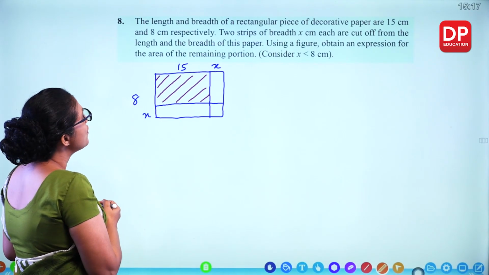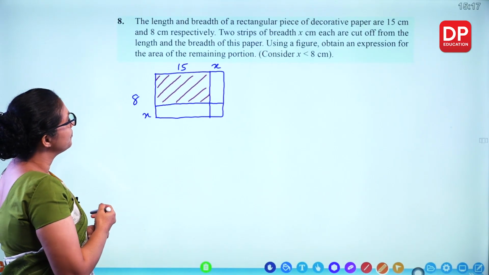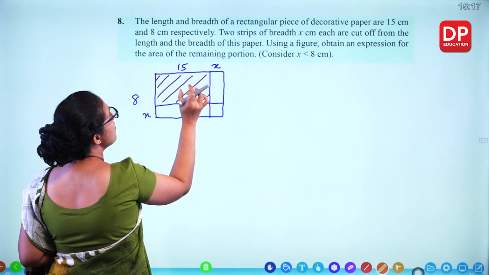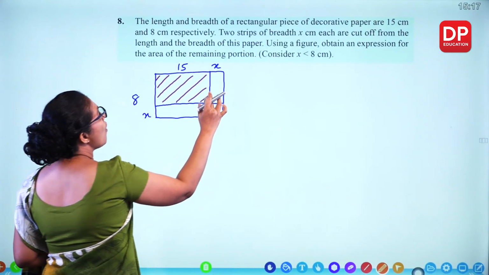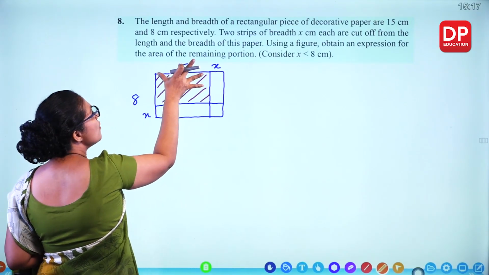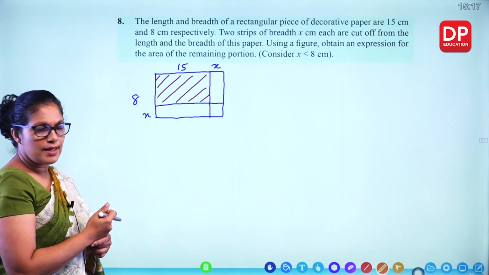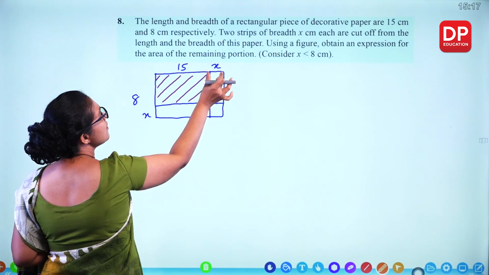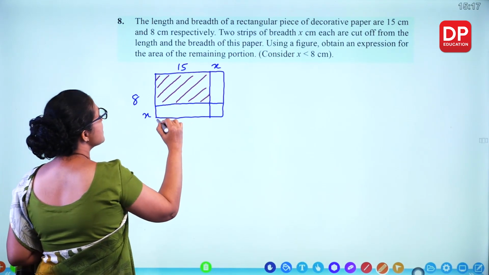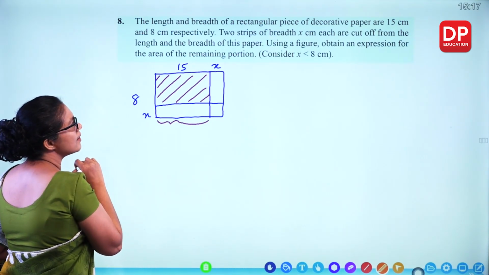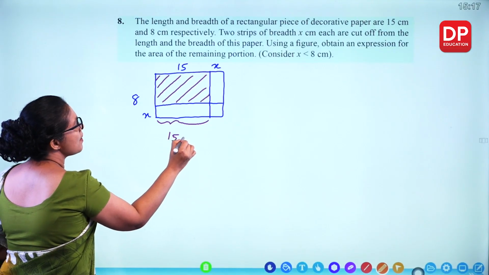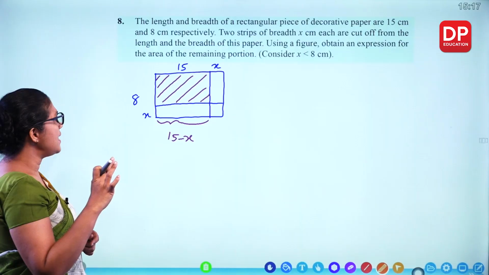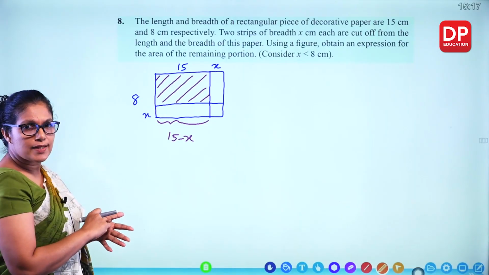So how do we find out the remaining portion? We can find out the full area minus this one. Or you can find out the new length and the new width of the rectangle. The full length is 15 and you cut x part. So what is this side? 15 minus x. This width or breadth is 8. Cut out x part.